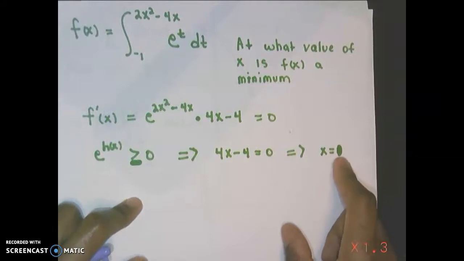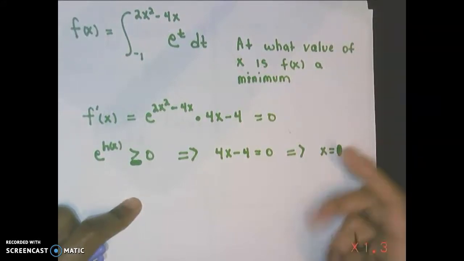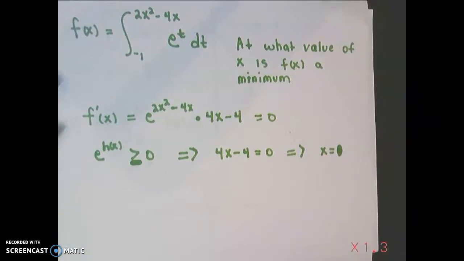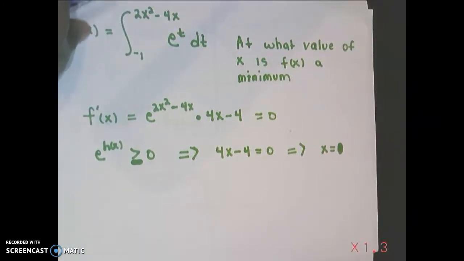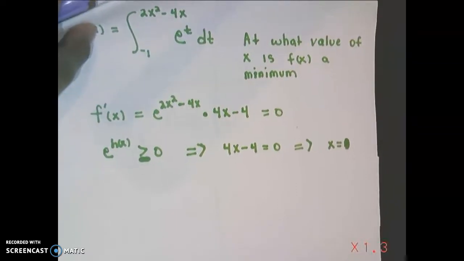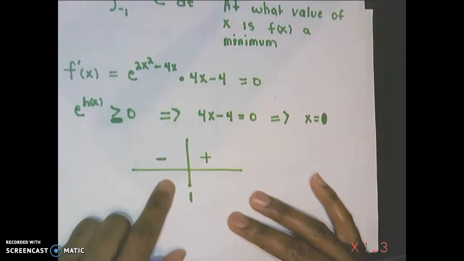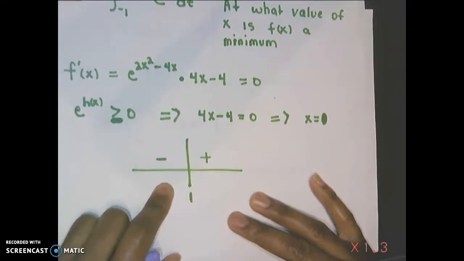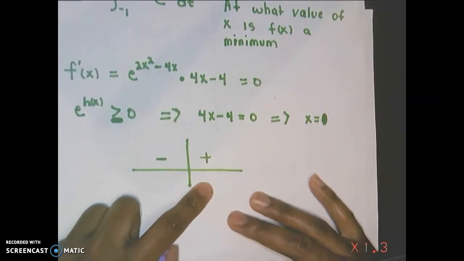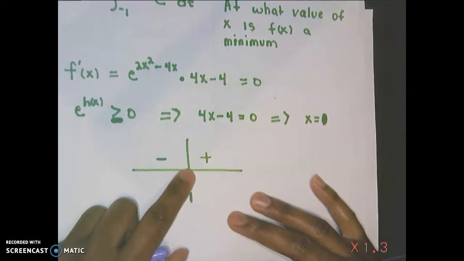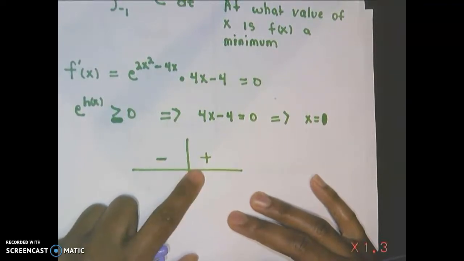I know that doesn't really look like a 1, I apologize, but this is x is equal to 1. So that's my critical value. Now I just need to test points to the left and the right of that. I'm going to use 0 to the left, and let's just say 2 to the right. Remember, we're trying to see what the derivative is changing.